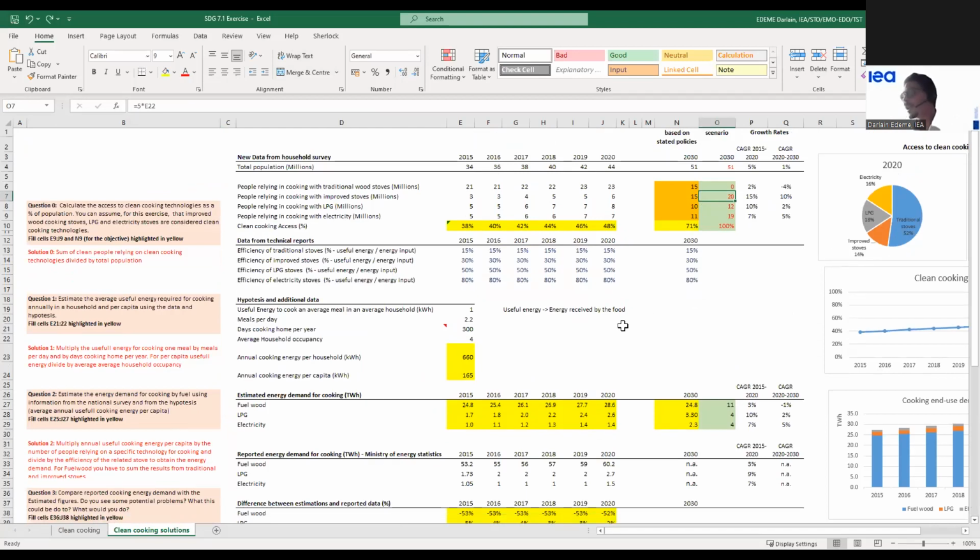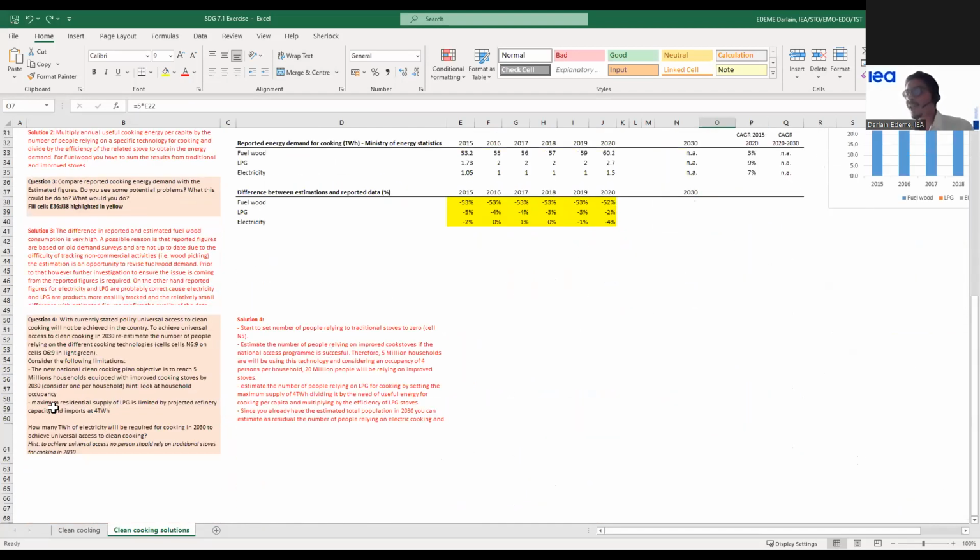On the other hand, another assumption is that the maximum residential supply of LPG is limited by projected refinery capacity and imports at 4 terawatt hours.